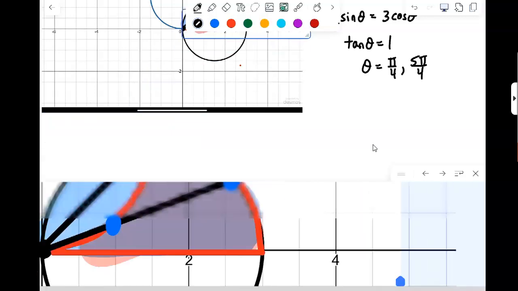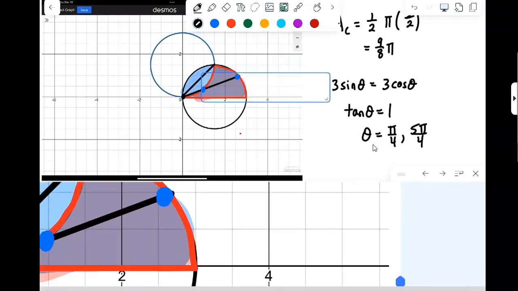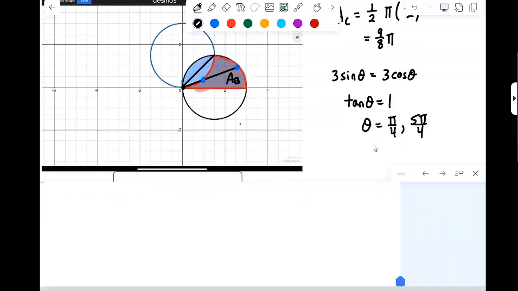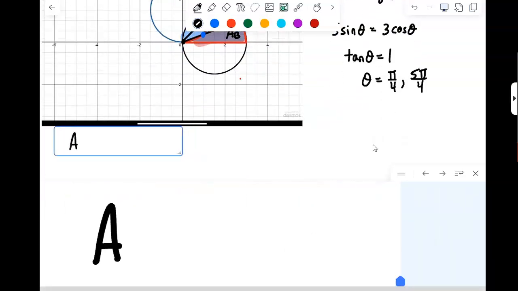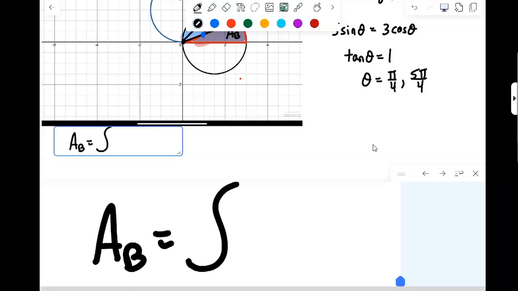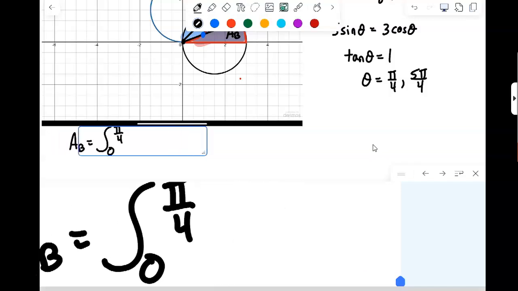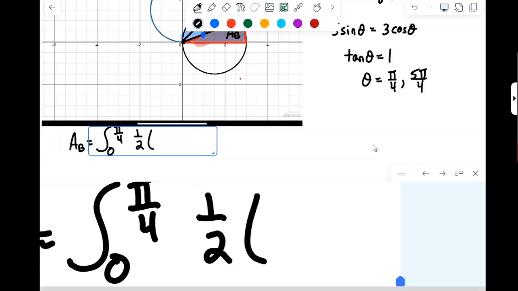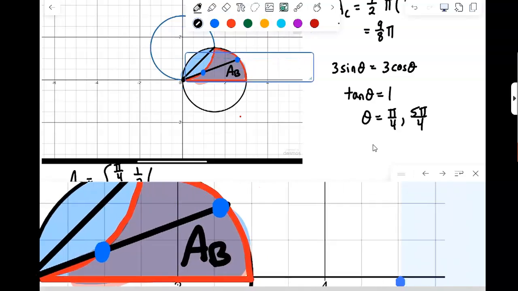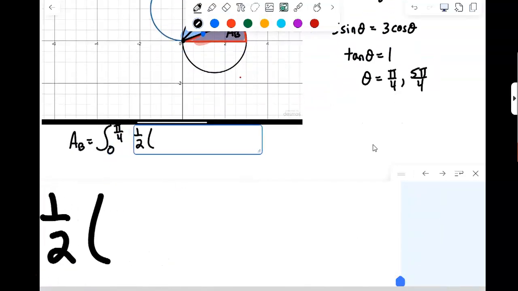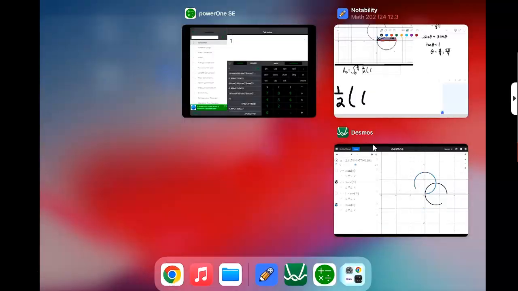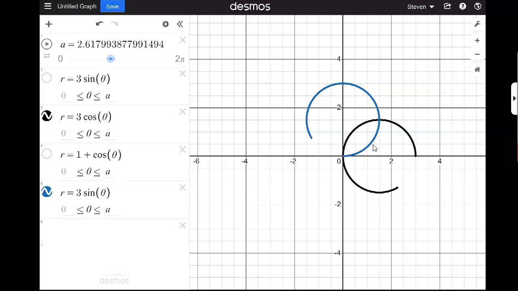Let's give a name to this area. Let's call it the area of the blobby piece here. And that would just be the integral from 0 to pi over 4 of 1/2, and then for the inner of the first one, that would just be the function squared. So the outer function, let me get the right one here now. Cosine was the black graph, so that's the outer one.